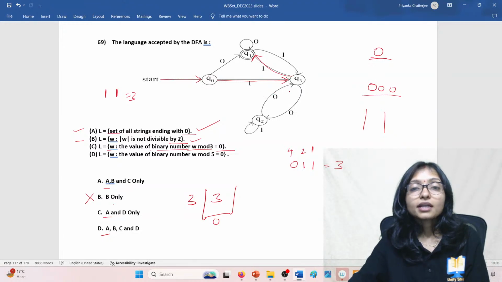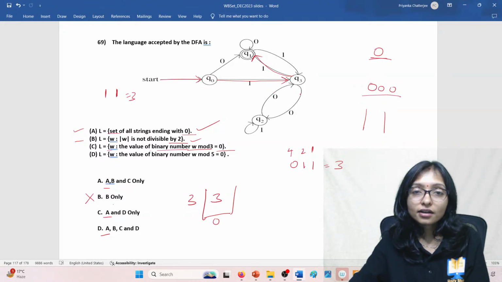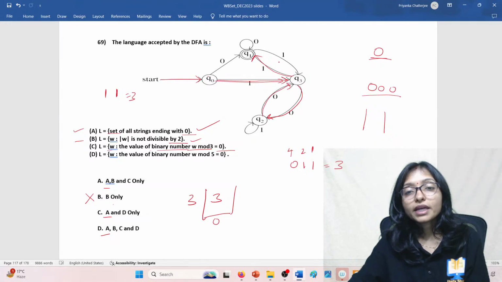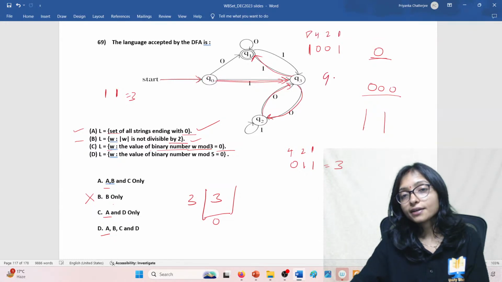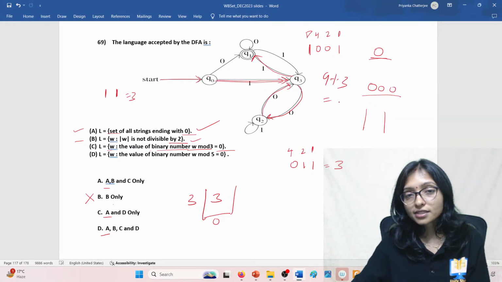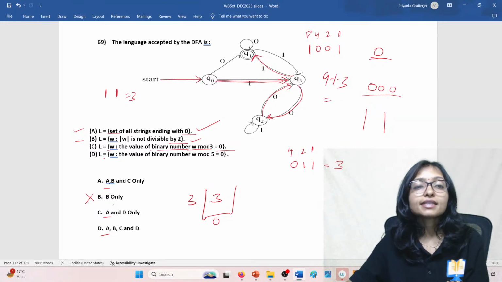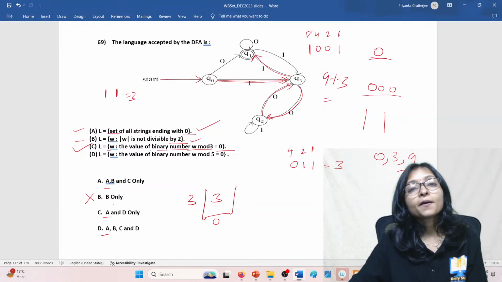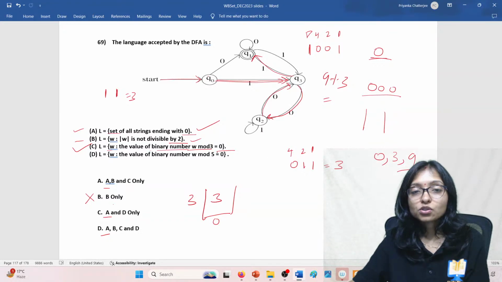Can I say any other way here? Here if I take this 1, then I go to 0, then 0, then 1. So that means 1, 0, 0, 1. This is 1, 2, 4, 8, which means it is 9. 9 mod 3, this is also accepted. So I can say that yes, this is also correct. Whatever value is coming, because I am getting 0, 3, 9, these are divisible by 3. So it is accepted.